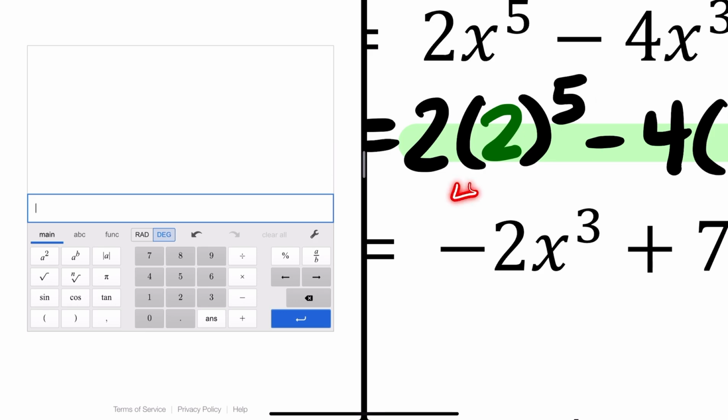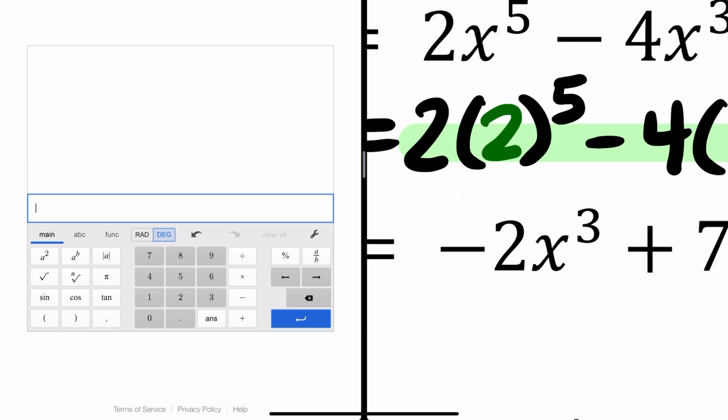It is 2 to the 5th power, which is 2 times 2, 4 times 2 again, 8 times 2 again, 16 times 2 again, 32. This is 2 times 32, which is equal to 64, okay?